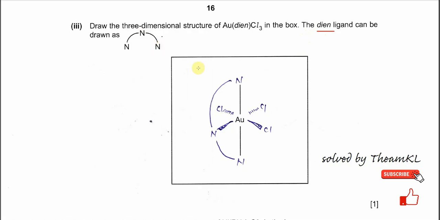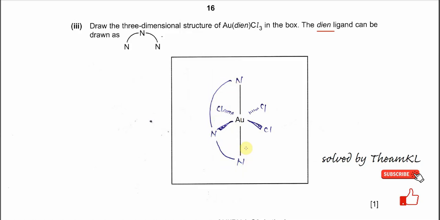First, because we know that it's an octahedral complex, with 2 normal lines already given, you just draw the 2 wedge lines and the dotted line. The wedge shows that it is to the front, and this dotted line is to the back. And you need to make sure all these 3 N are in the same plane, this plane. Okay, this is the requirement.